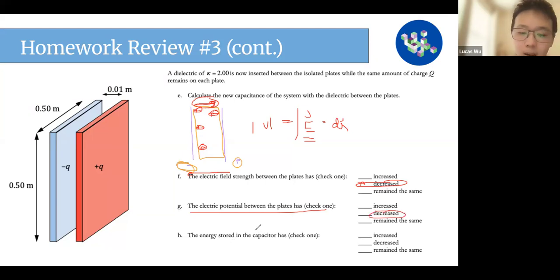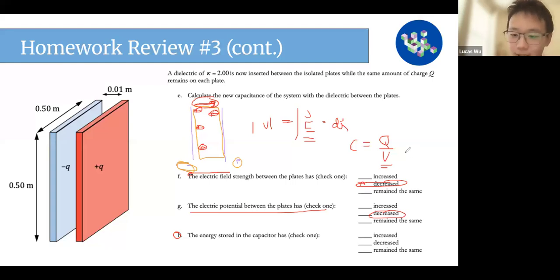Before we go on to part H, what does this do to the capacitance? I know C equals Q over V. Now Q stays the same, but V decreases because my electric field decreases.